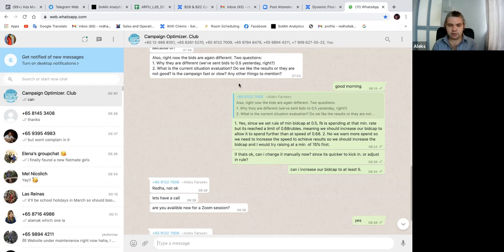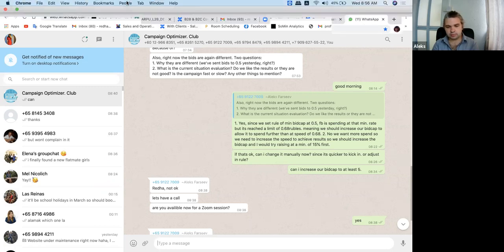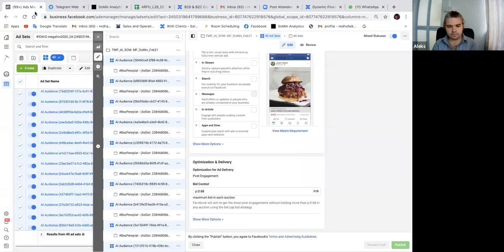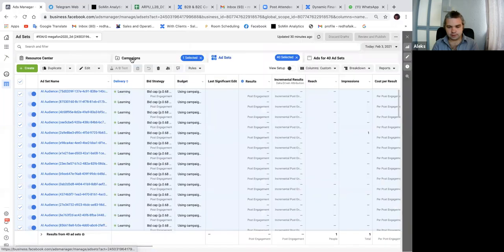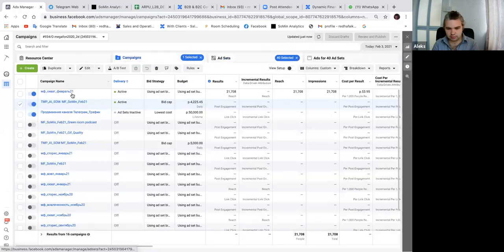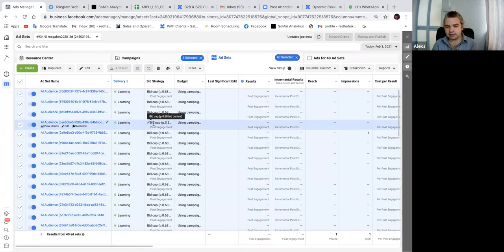And if you look into the campaign now, which you can open, can you do it? The bids are even higher. I'm interested in the ad sets tab. Reda, you need to update your browser cache.